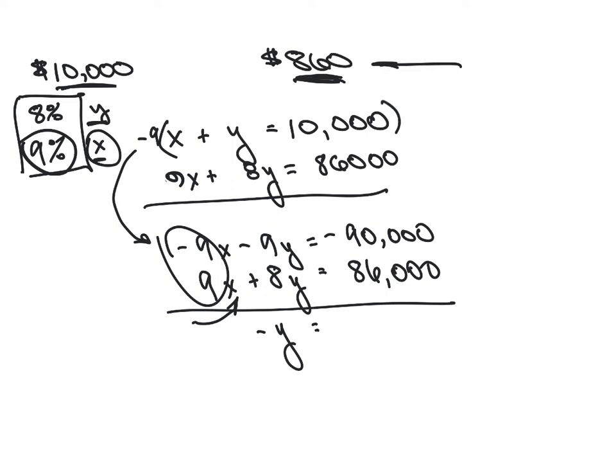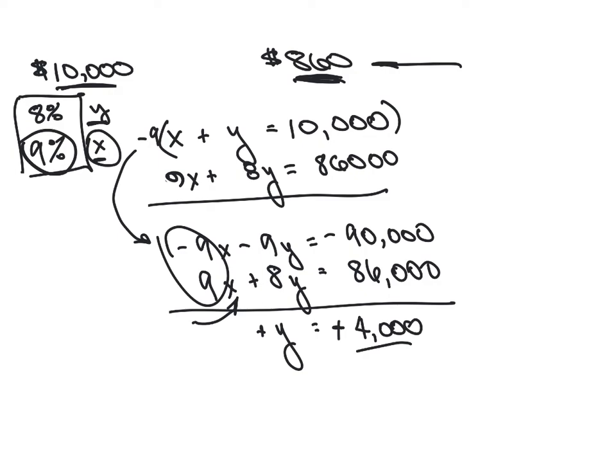minus 86,000 gives me negative 4,000. Okay, problem with that is we cannot have a negative $4,000, but this is a negative. So we just change both of those to positive, and my y equals 4,000.